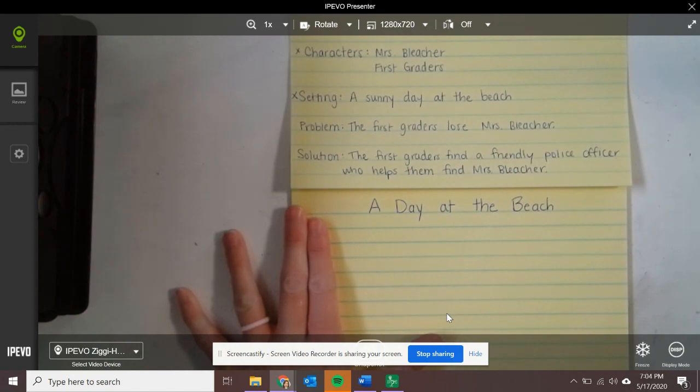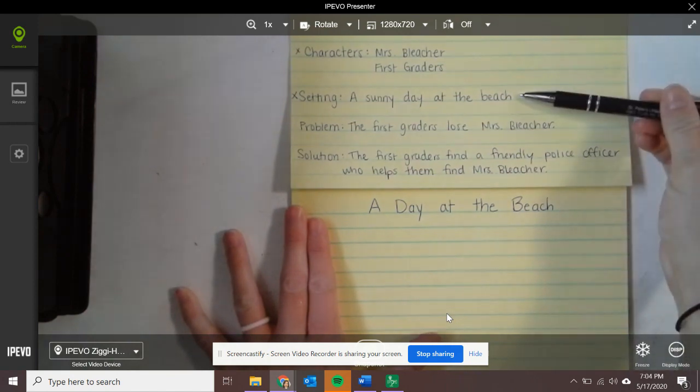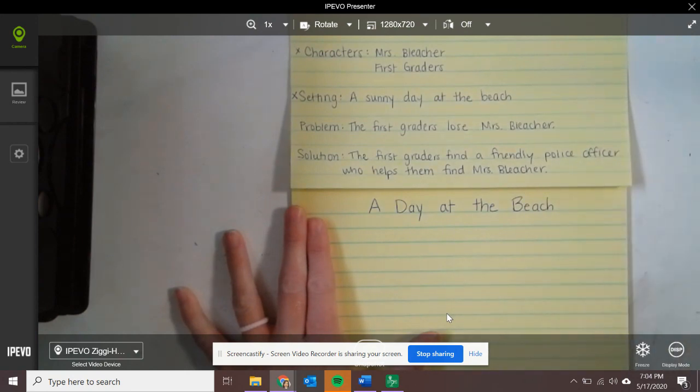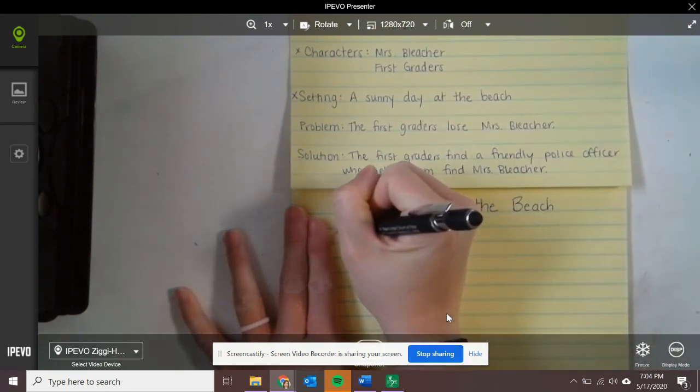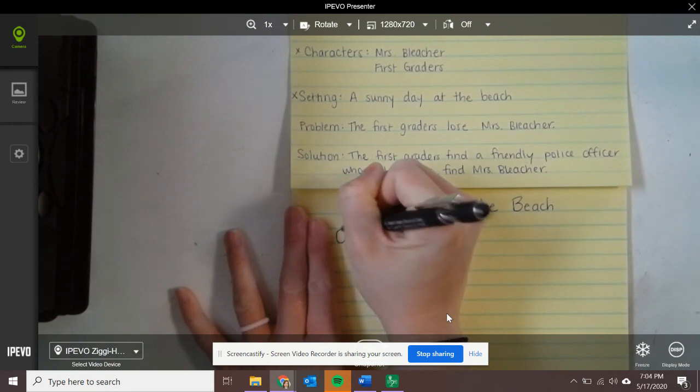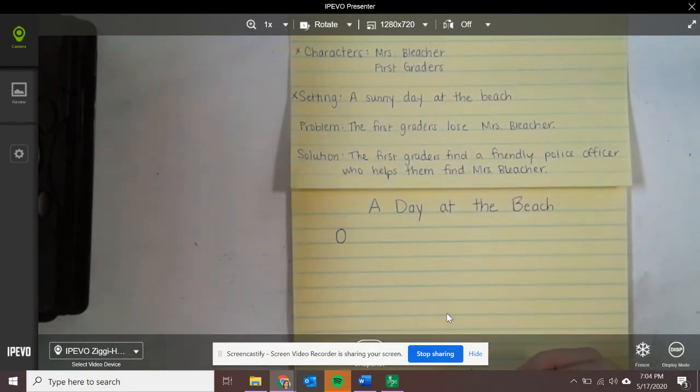The first thing I'm going to start with is my setting. My setting is a sunny day at the beach. So instead of saying a sunny day, I'm going to say one sunny day. So I'm going to write my capital O here, because remember, every sentence starts with a capital letter. And then I can take my fingers away because I know where to keep going.